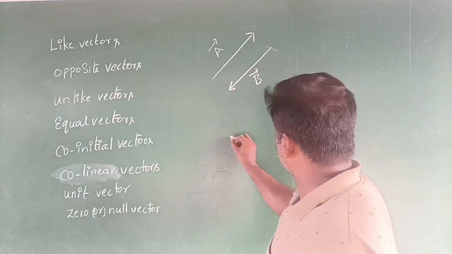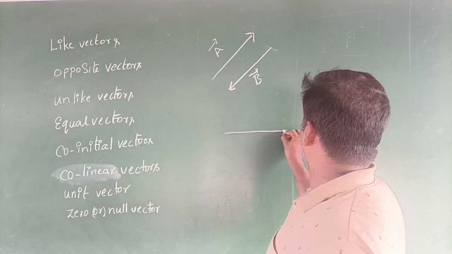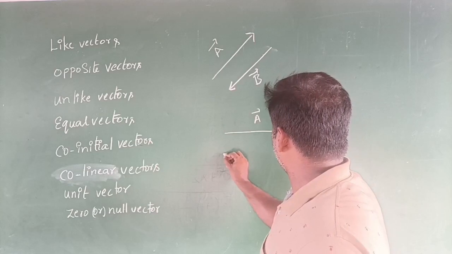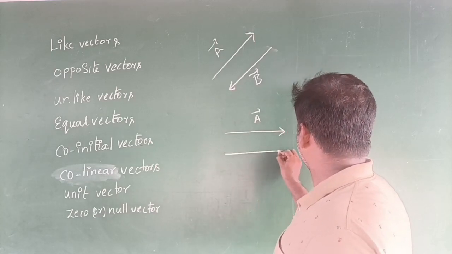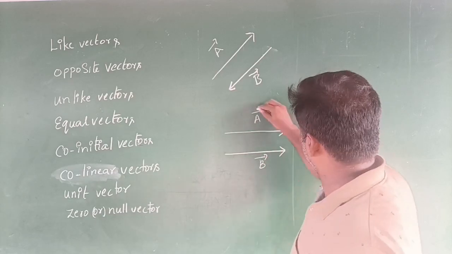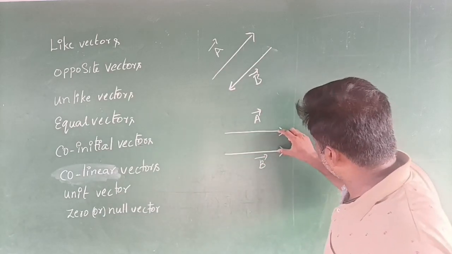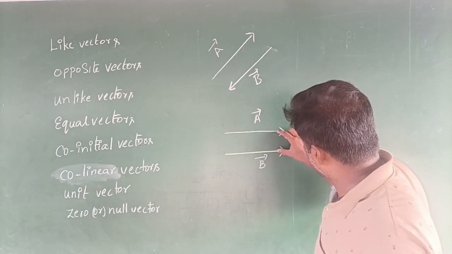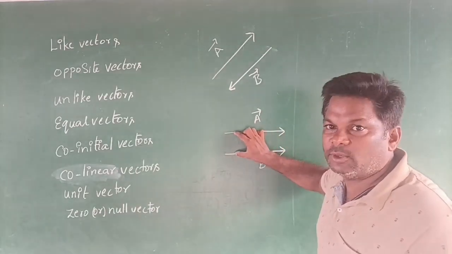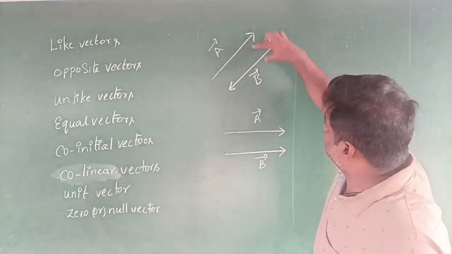Look, suppose I am taking vector A like this, and vector B. What is the gap left between these two here? Is it not the same as the gap between these two here? Same only. These two also.